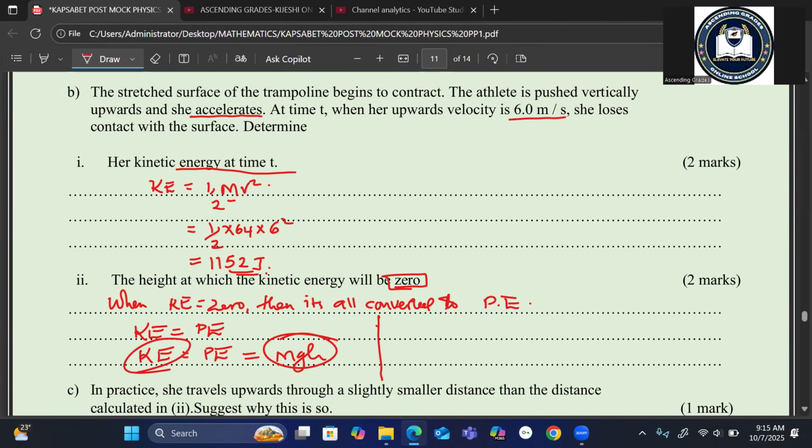Therefore, our kinetic energy of 1152 will be given by a mass of 64 times a gravity of 10 newtons per kg times a height h. Making h the subject of the formula, it will be 1152 divided by 64 times 10. So our height becomes 1.8 meters.